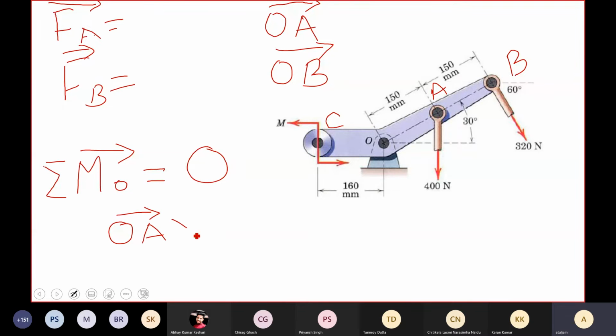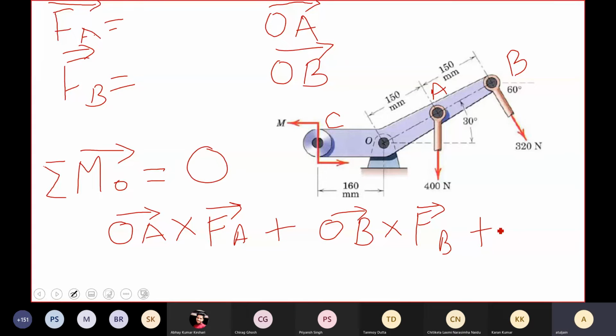OA cross FA plus OB cross FB plus M is equal to 0. Okay, so please find the value of M. In the problem sheet, it is given up to 0 places of decimal. Try to solve it up to 2 places of decimal, and let me know once you get the answer.